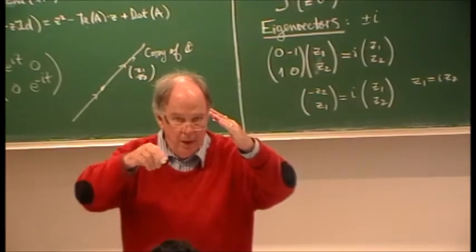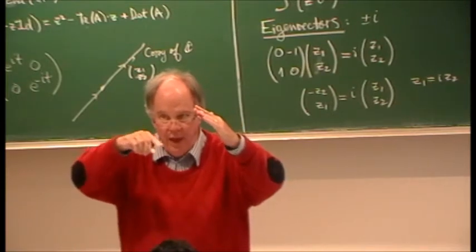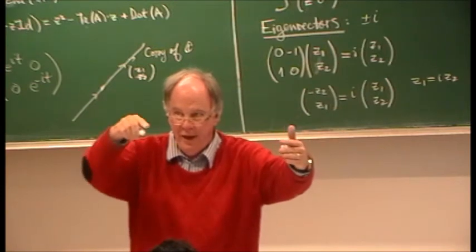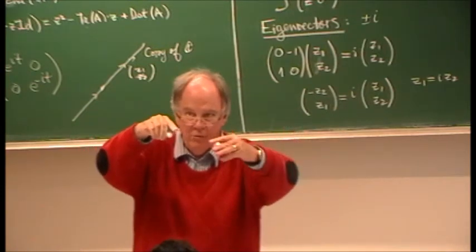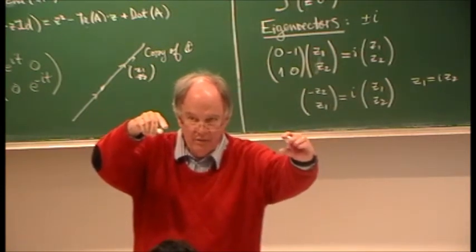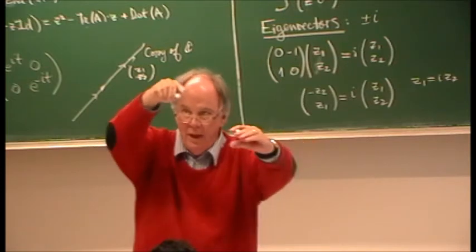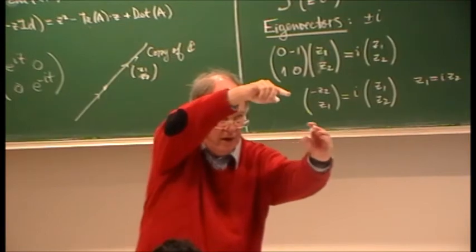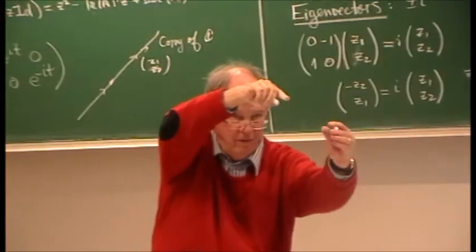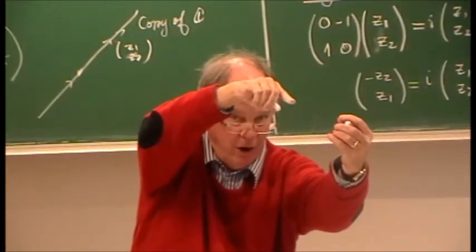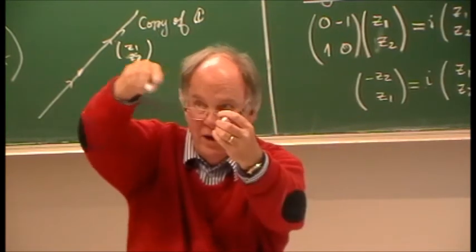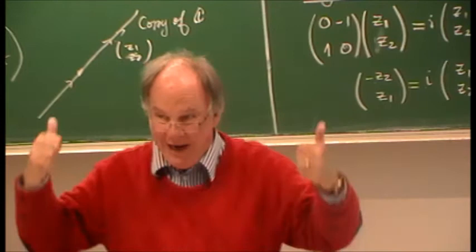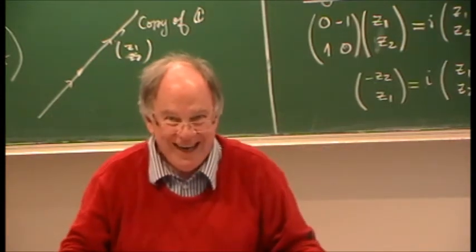A, let's see here. Can we do this? A of v equals lambda times v, right? I bar both sides. Over here I have v bar times lambda bar. Here I have A bar times v bar. But A bar is equal to A, and that's Mihai's point.